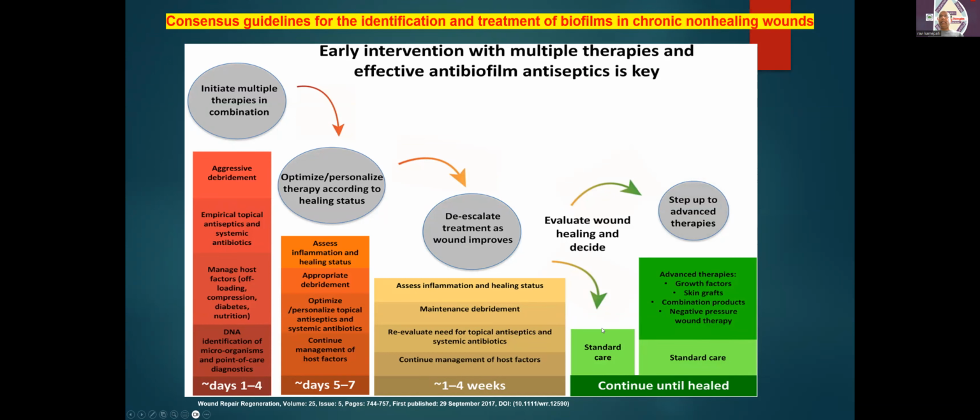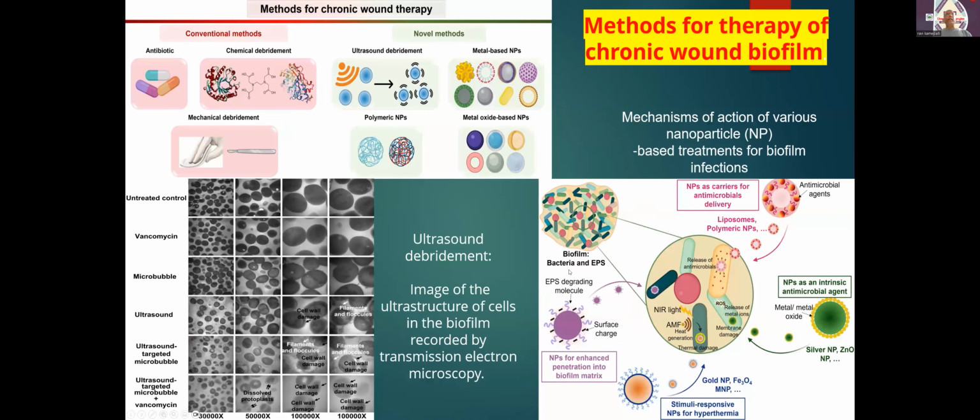care using advanced dressings, growth factors, negative pressure wound therapy, and advanced stem cell or placental-based products that can be used to hasten the healing. And obviously, different technologies are being used, including early antibiotics, chemical debridement, mechanical debridement, and ultrasonic debridement, wherein you can produce microbubbles on the ulcer bed, and also ultrasound-targeted microbubbles with vancomycin are being used in different areas.